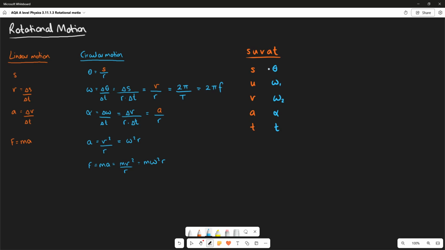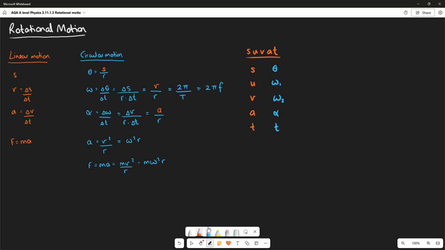For displacement, we have angular displacement. For the initial velocity, we have angular velocity 1. For the final velocity, we have angular velocity 2. For acceleration, we have angular acceleration, and time is the same.